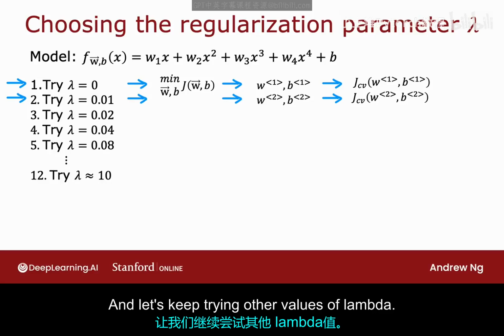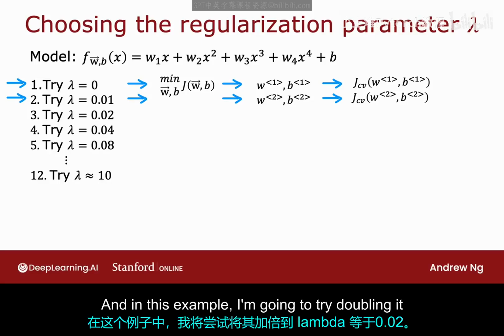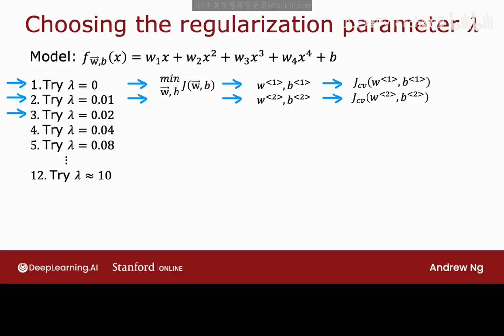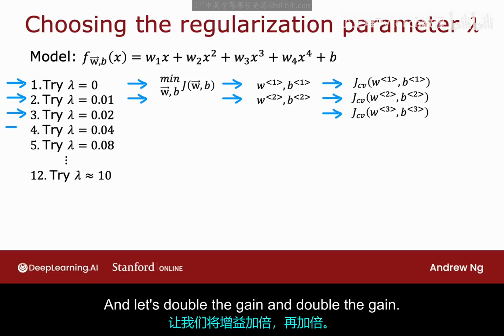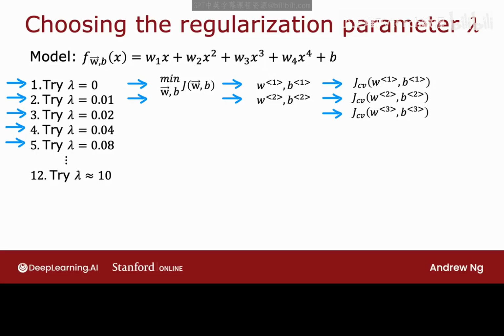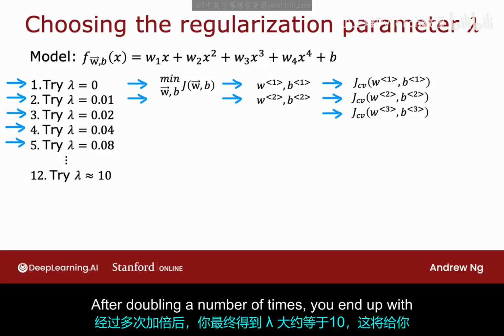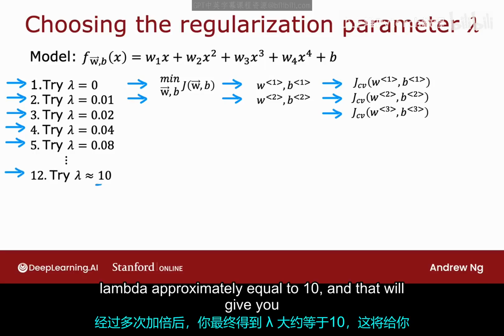And let's keep trying other values of lambda. In this example, I'm going to try doubling it to lambda equals 0.02. And so that will give you JCV of W3, B3, and so on. And let's double it again and double it again. After doubling this a number of times, you end up with lambda approximately equal to 10.